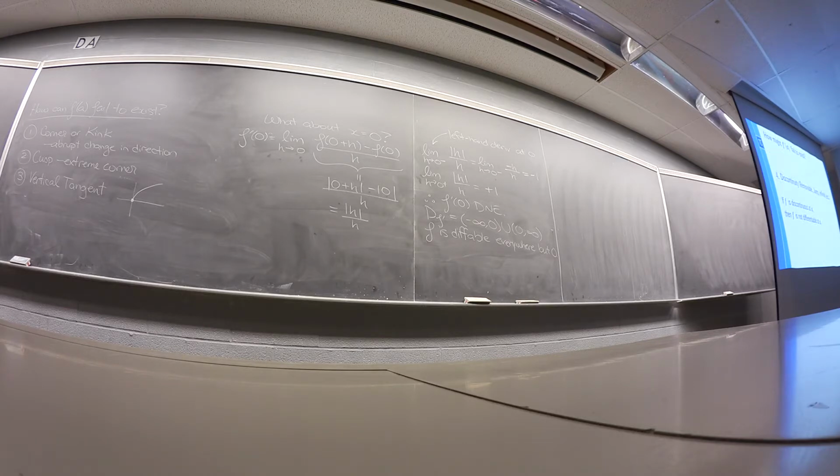Final one. Any discontinuity at all. Anything, okay? Removable, jump, infinite, that oscillating thing we talked about. Any discontinuity, and you become not differentiable. Okay? I can prove this to you if you like.